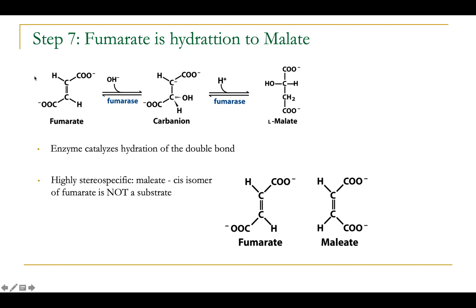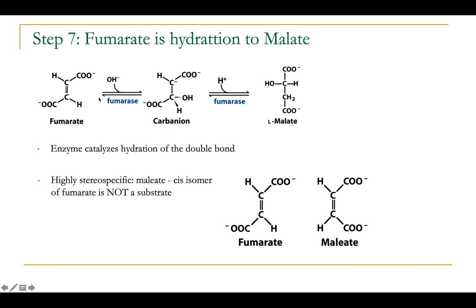In the next step, the fumarate is hydrated. The double bond is hydrated to turn it back into a single bond, and this reaction occurs through a carbanion intermediate, which has a stereoisomeric form.